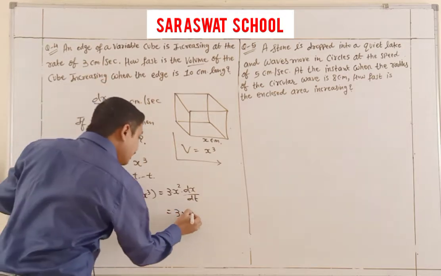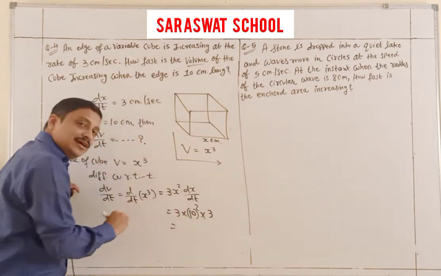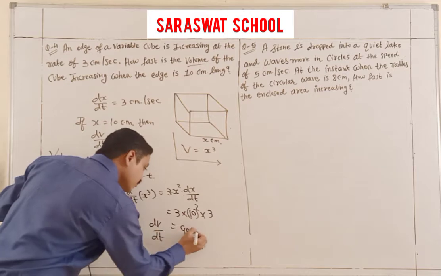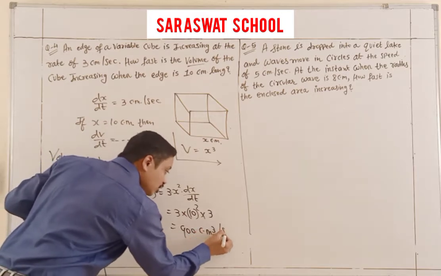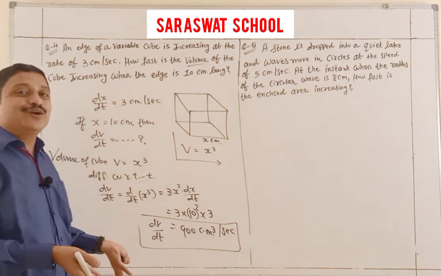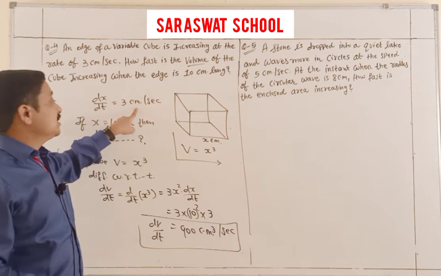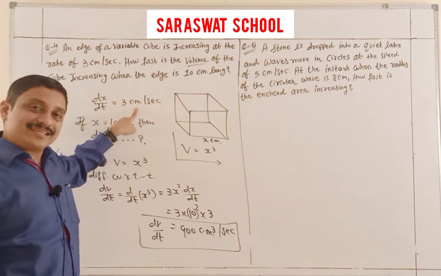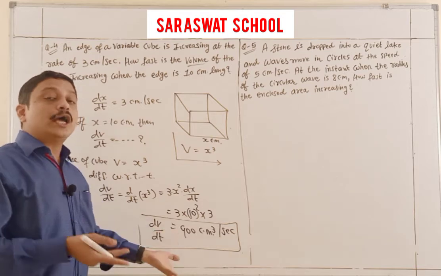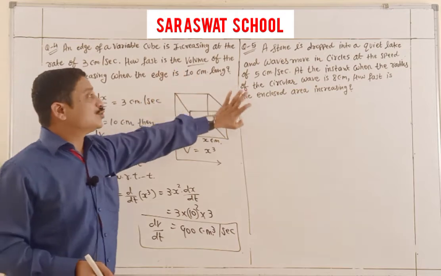Then 3 times 10 square and dx by dt 3 gives 900. dV versus dt is 900, unit centimeter cube per second. Why cube? Volume. If the edge increases 3 cm per second, the volume increases 900 cm cube per second. It's very big.